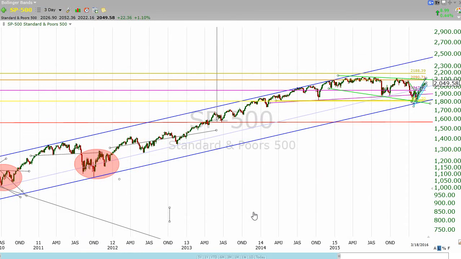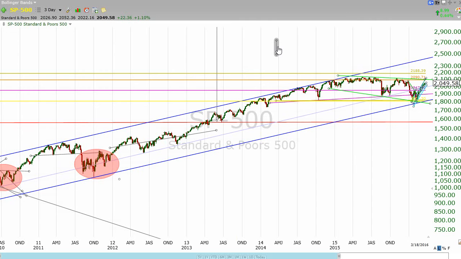Let's say that distance right there represents an 8% move in the S&P. It's an 8% move if I put that line here, and it's an 8% move if I put that line there. In other words, the same percent, no matter where you are on the chart, is represented by the same vertical distance.